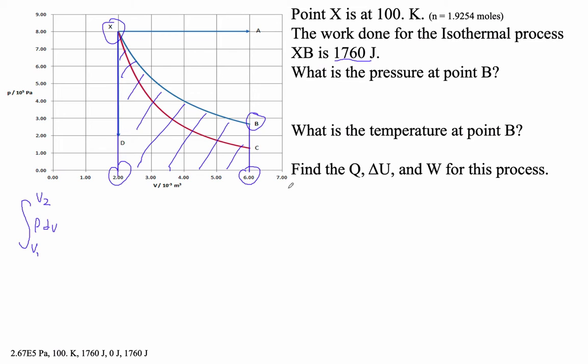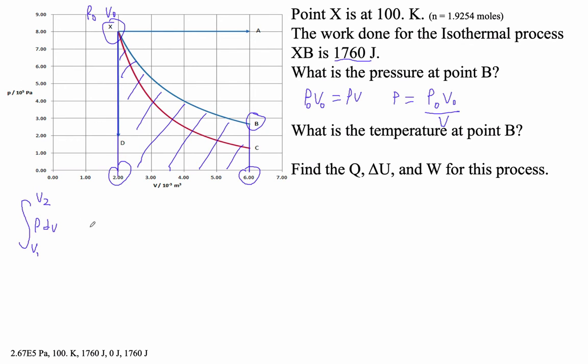So now all we have to do is find an expression for this pressure. Since this is isothermal, we can just say P naught V naught equals PV. So that pressure is actually going to be the initial pressure times the initial volume, divided by whatever volume you're at.